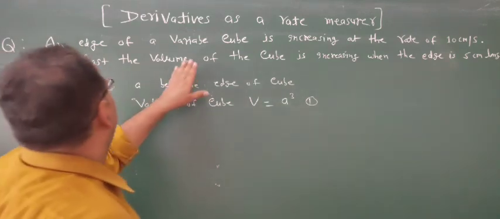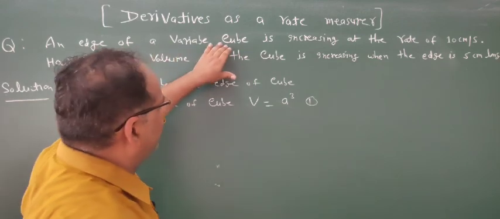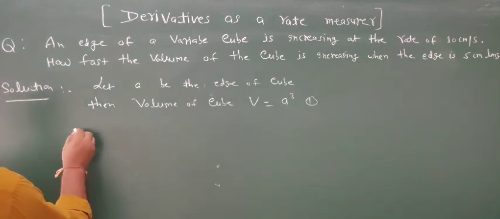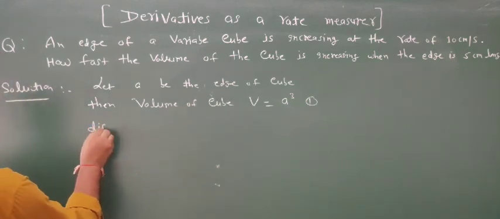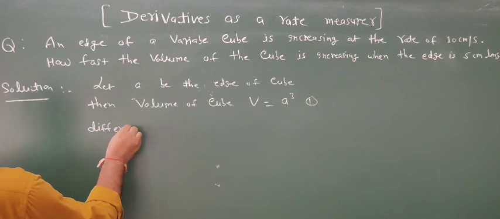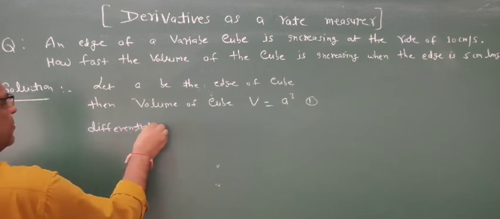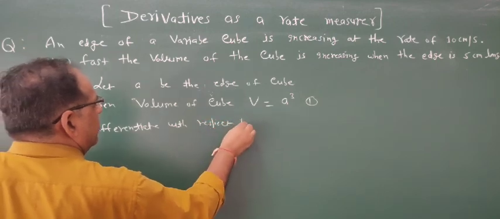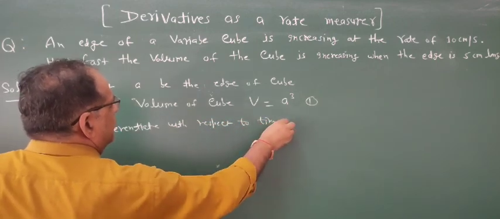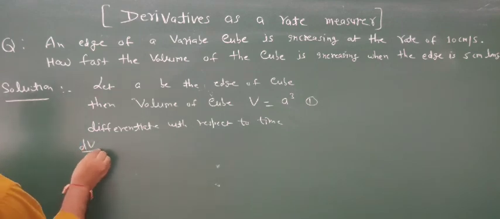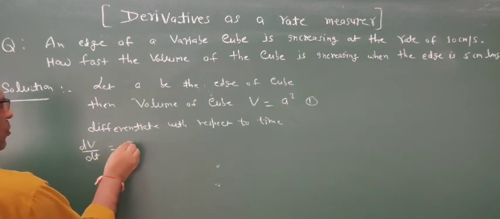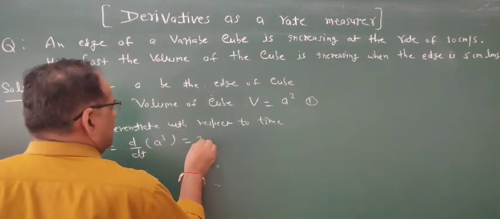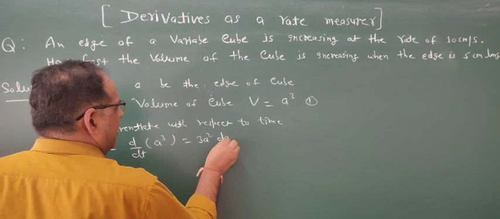In this question, the edge of the cube is variable with respect to time. So now differentiate with respect to time. dV over dt equals d upon dt of A cube, that means 3A square dA over dt.